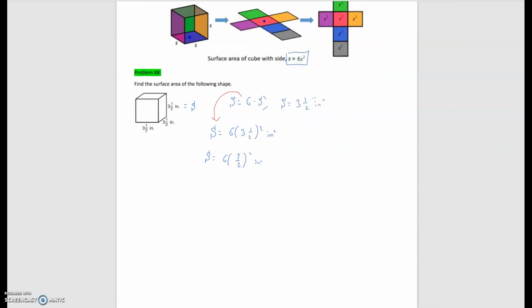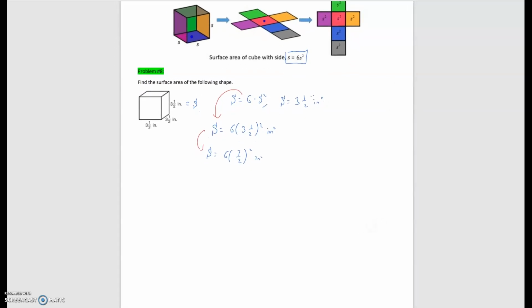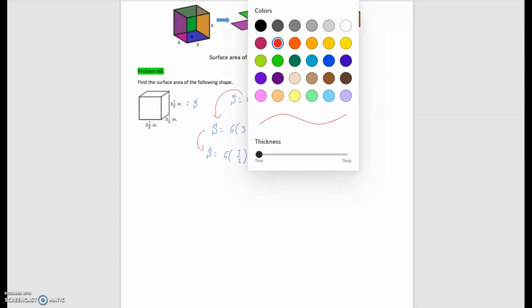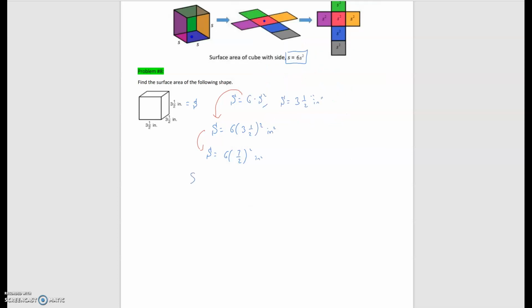And what I'm trying to do here is the easiest way to evaluate, in this case, the formula. So let me rewrite it as s is equal to, this will be 6 times 7 squared divided by 2 to the second, and then inches squared. Or s is equal to 3 times 2 for the 6 times 7 squared divided by 2 times 2.